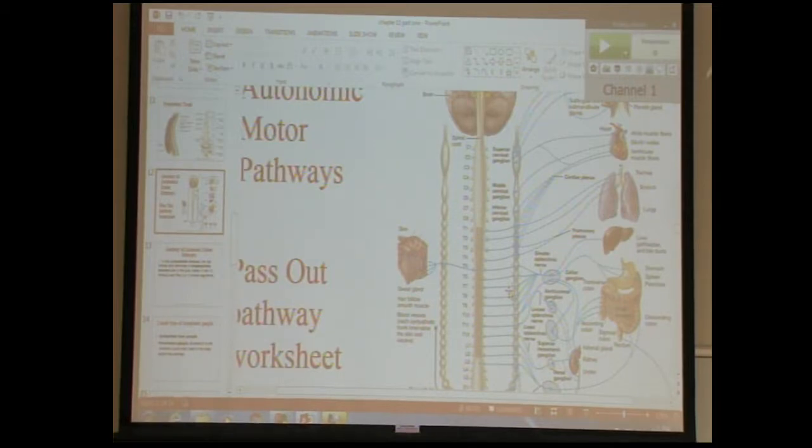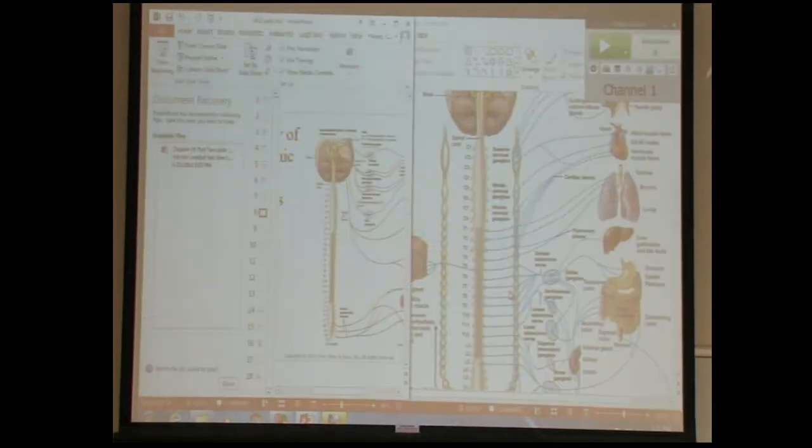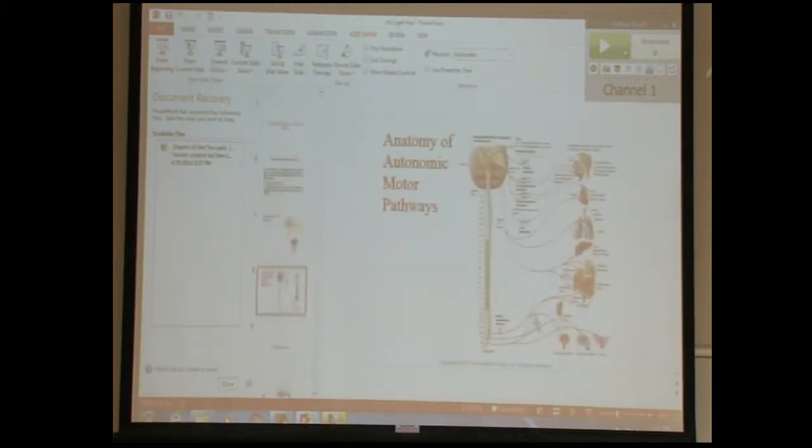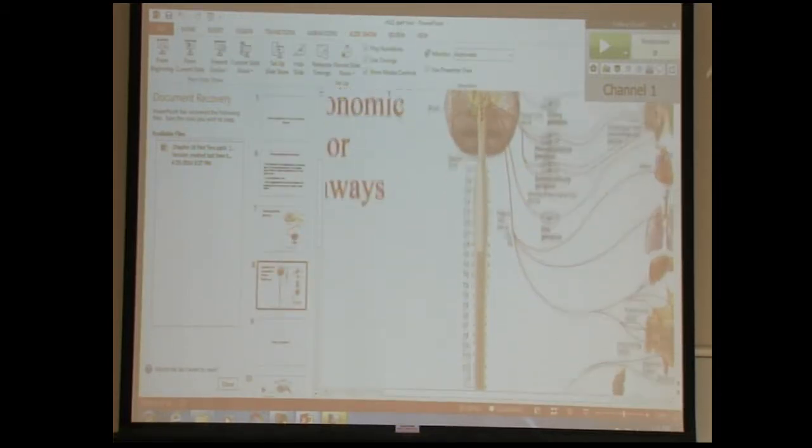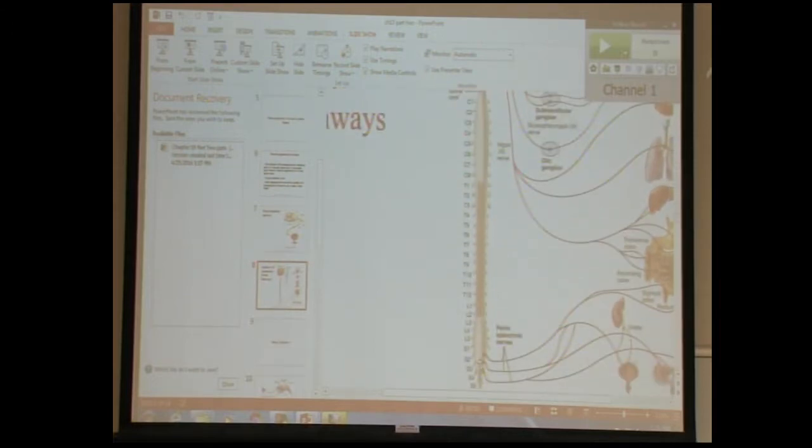And if you looked at the parasympathetic, those preganglionic neurons start in the brainstem and then way down at the bottom of the spinal cord. And remember, you will have those two diagrams with you for the test. So if you're stuck and you kind of know what that diagram is talking about, you can get lots of answers from there.